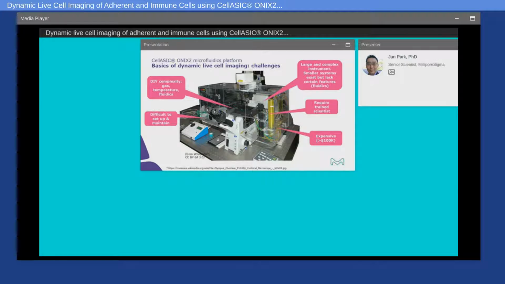These are very large and complex systems with a high price tag, requiring well-trained scientists to operate. Also, in all cases, additional do-it-yourself components are required to enable perfusion and fluidic capabilities in order to create a true dynamic imaging system. These components, such as pumps and perfusion chambers with associated controllers, will further create complexity and increase price.